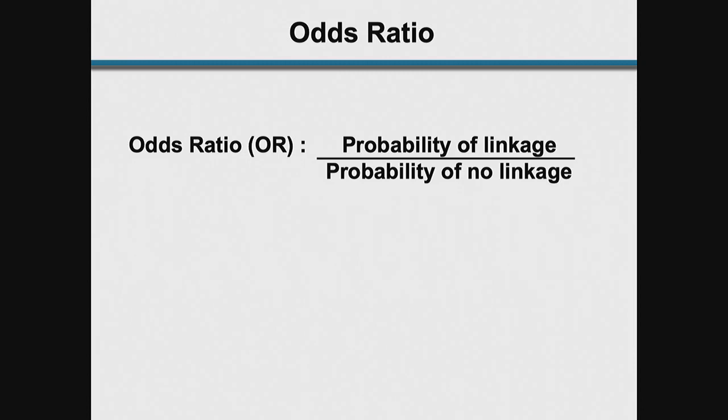Probability of linkage over probability of no linkage. And then the log of odds ratio is simply the log base 10 of the odds ratio. So in other words, if the odds ratio is 100, the odds are 100 to 1 in favor of there being a QTL, all right? So in that case, the log base 10 of 100 would be 2.